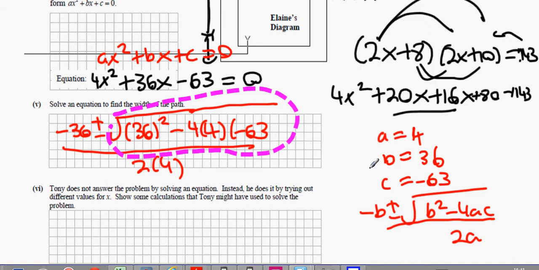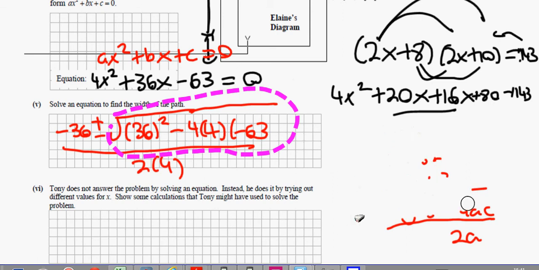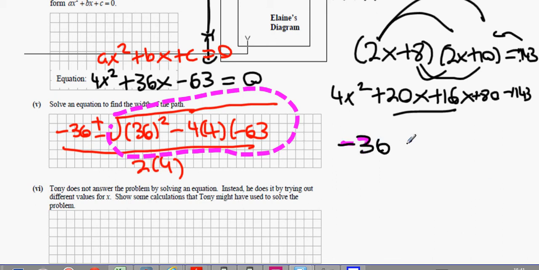So what we're going to get here is minus 36 plus or minus 48, all over 8.